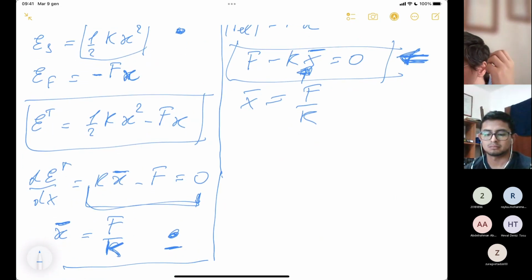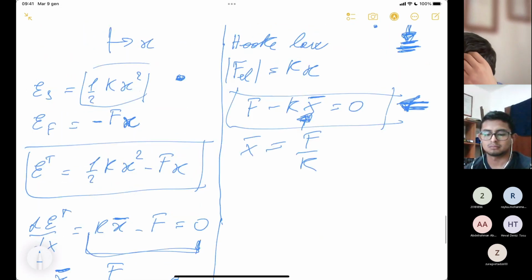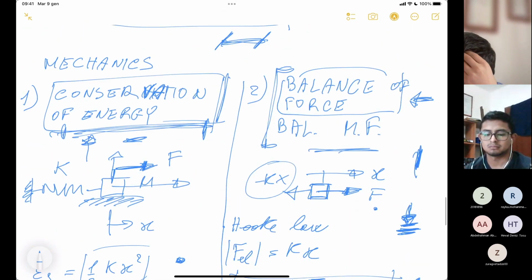The idea is this one. When you define balance of force and balance of moment of force, when you treat a continuum body, you are told nothing from the start about what the boundary conditions can be.